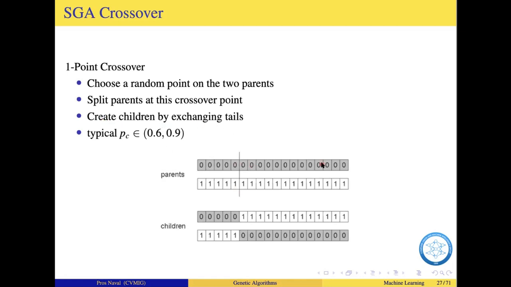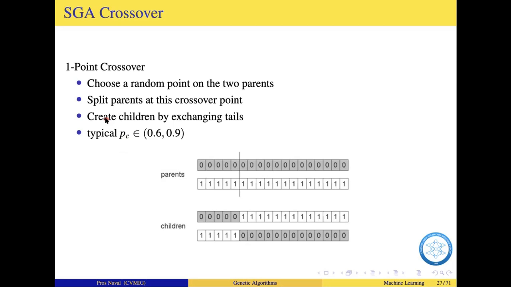So this part is copied to the first child, this part to the second child, but for the first child you take the tail part and copy that to form the first chromosome, and similarly for the second child.